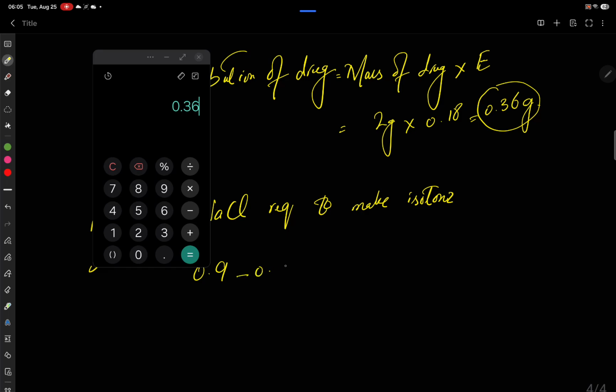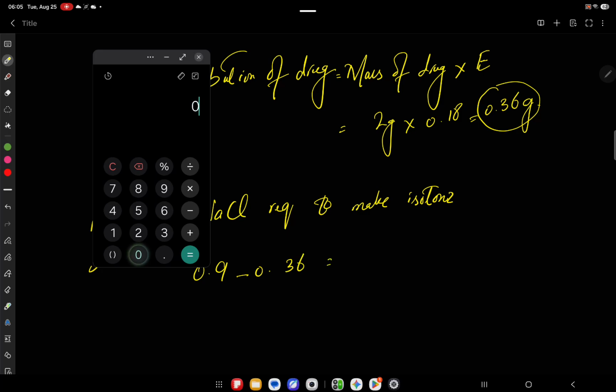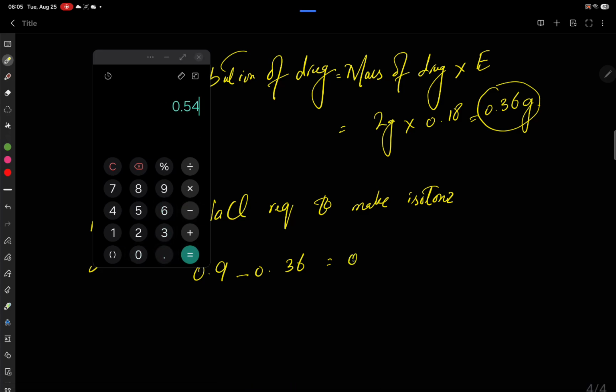So we will subtract 0.36 from 0.9. So 0.9 minus 0.36 will be equal to 0.54 grams. So 0.54 grams of NaCl will be used, not 0.9 grams, because the remaining amount will be covered by our drug. So this is how it is solved, and this is how it is used.